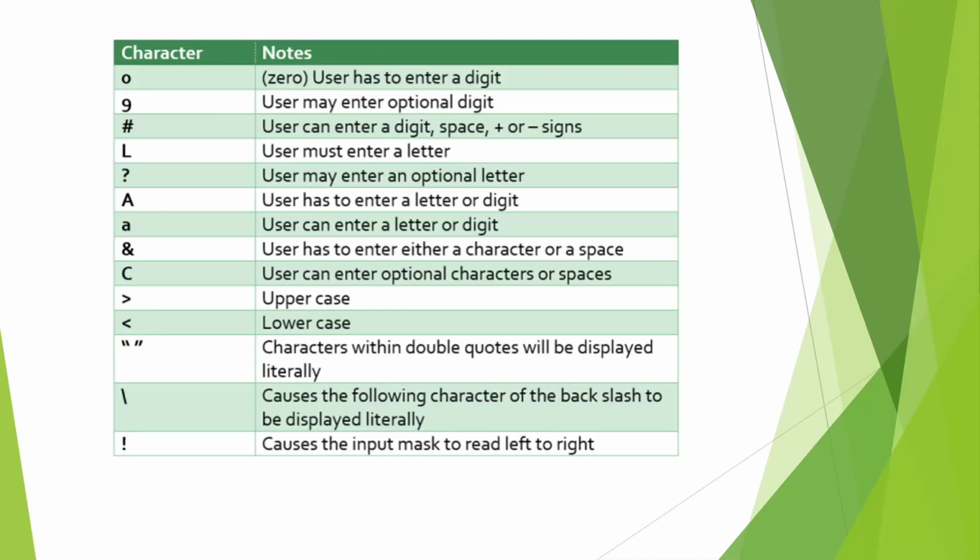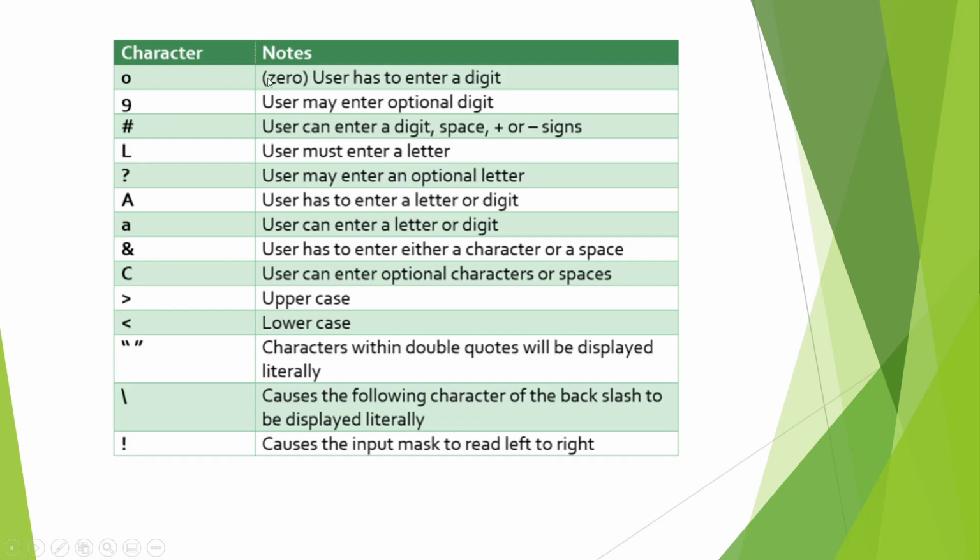So let's say we wanted to make sure people put in telephone numbers correctly, which means only numbers and of a set length. So it has to have, I believe, 11 digits. So let's say they always had to put in an 11-digit telephone number. If we look down this list here, we wanted to only ever be allowed to put in numbers. So we want it to be a digit.